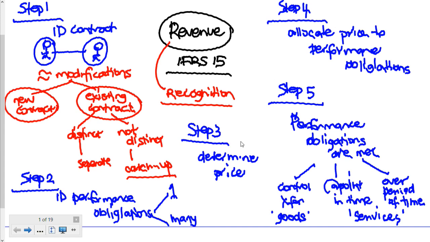So you could get in an exam a theory question, isn't it? A discussion question: what revenue can be recognized, or how or when revenue can be recognized, how much revenue can be recognized. But you also get in exam questions journal questions, where they ask you to do journals.